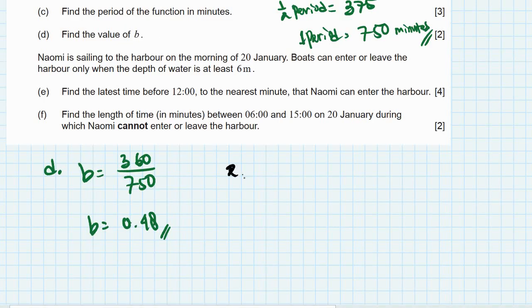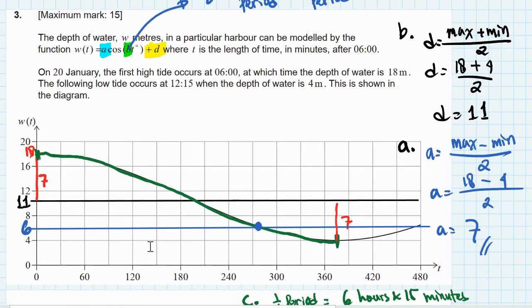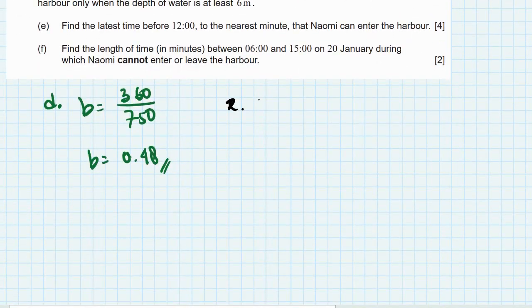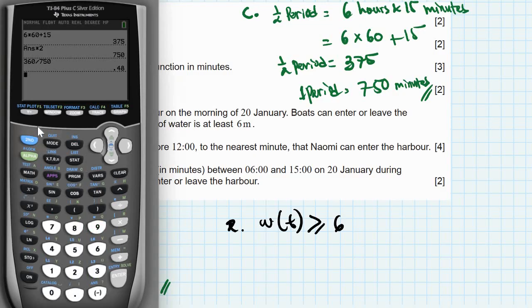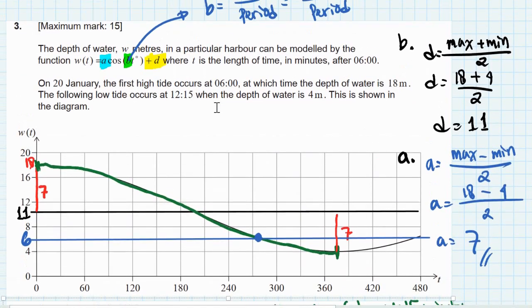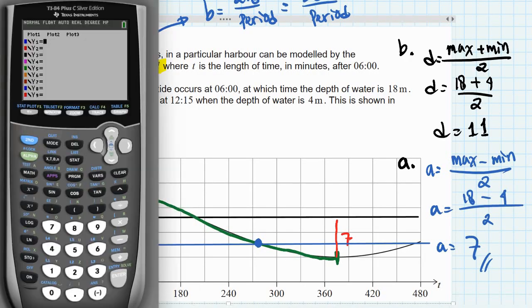Question A. It means we have the, what was the function? The W(t) should be more than or equals to 6. Okay, let's input it to our calculator. So y equals to, what was the function? The function is a cos bt, where a is 7.